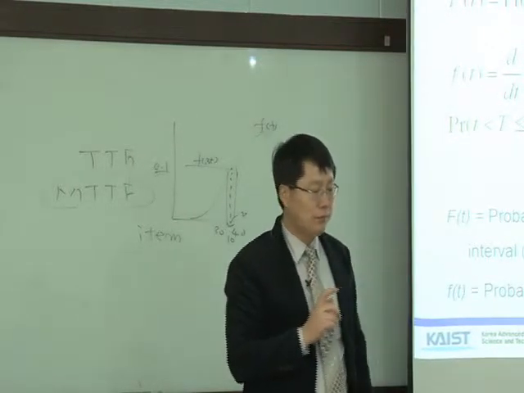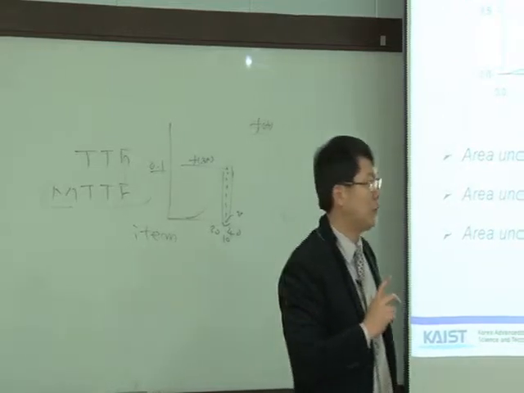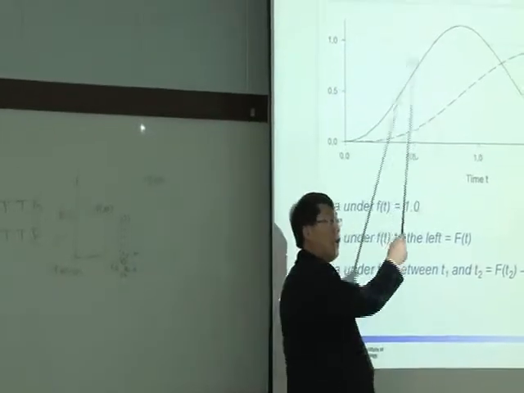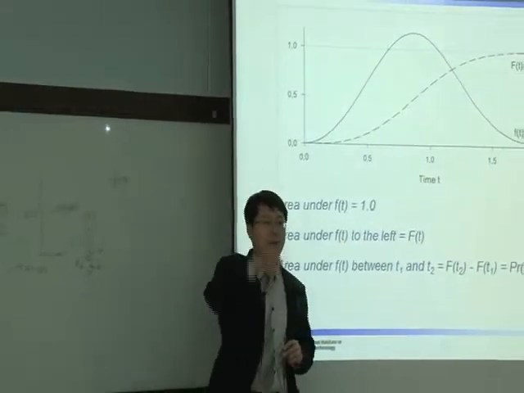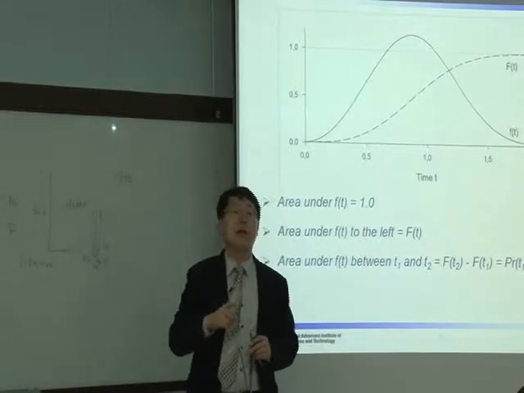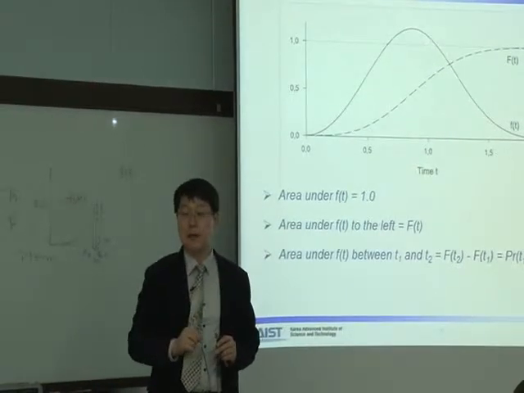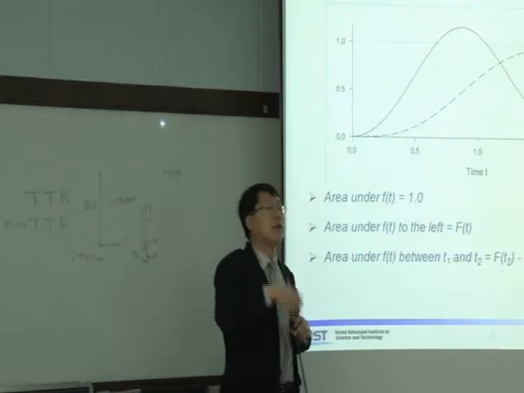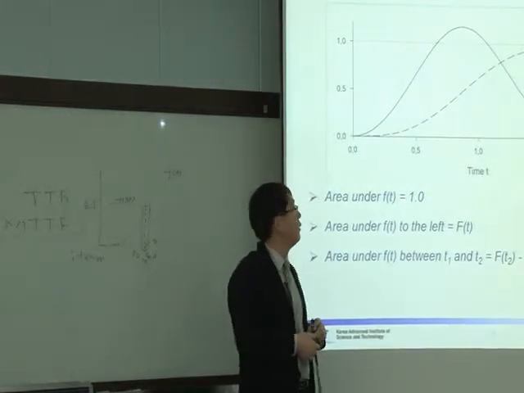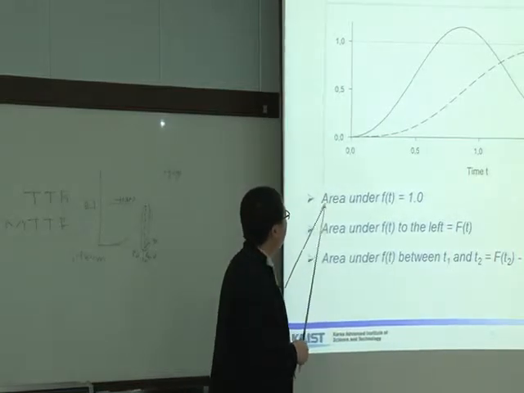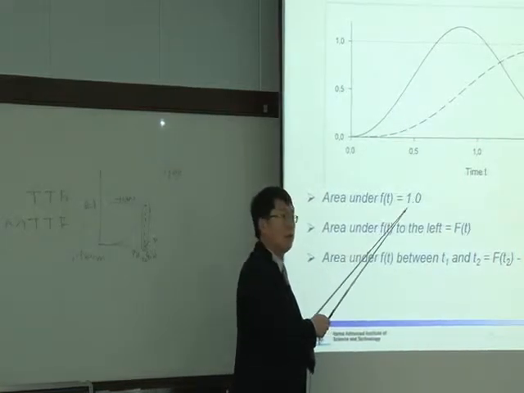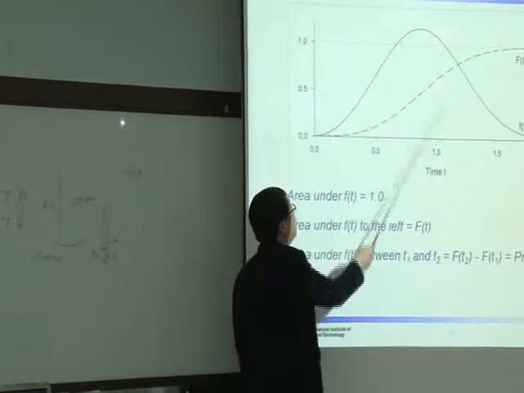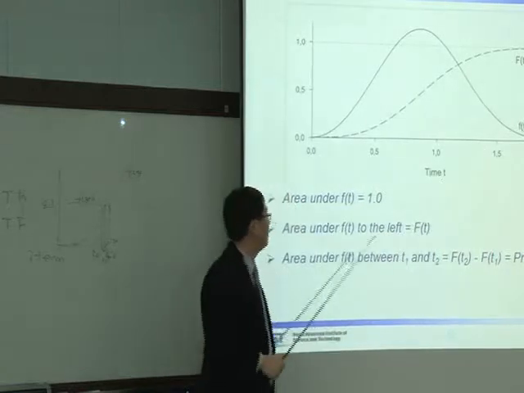So we should check this. This is the density, the frequency. Small f(t) is the frequency, and large F(t) is the accumulated frequency. The area under f(t) is 1. The sum of this area is 1.